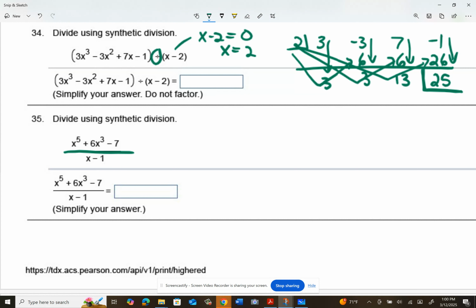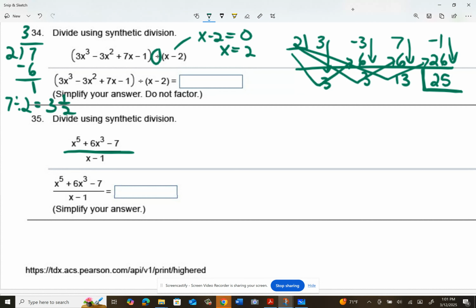Here you're being asked to write your result. And when you do this, you're going to write your result like you would if you had divided, say, the number 7 by 2. You know, 2 goes into 7 3 times, and you have a remainder. So you could say that 7 divided by 2 equaled 3 and 1/2. We're going to do the same thing here.